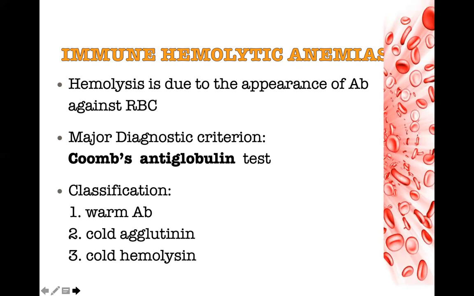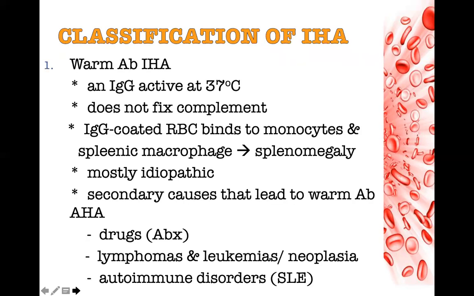So it may be classified either into warm antibody or warm agglutinin, cold agglutinin, or a cold hemolysin. If you talk about warm antibody immune hemolytic anemia, we are talking about an immunoglobulin G that is active at 37 degrees. It does not fix the complement, but the IgG-coated RBC would bind readily to the monocytes, and they are easily trapped by the splenic macrophages.